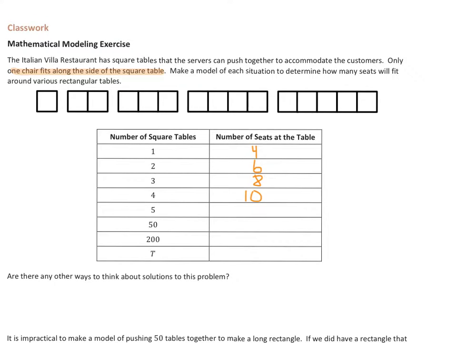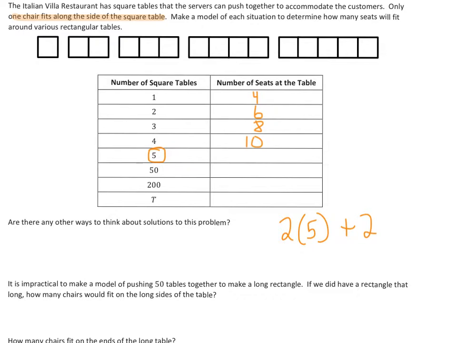Let's try it before we actually count them. Let's say we're going to do 2 sets of the 5. And then we need to add 2. Well, let's solve that. What is 2 times 5? Okay, so that's 10. And then plus 2 should be what?